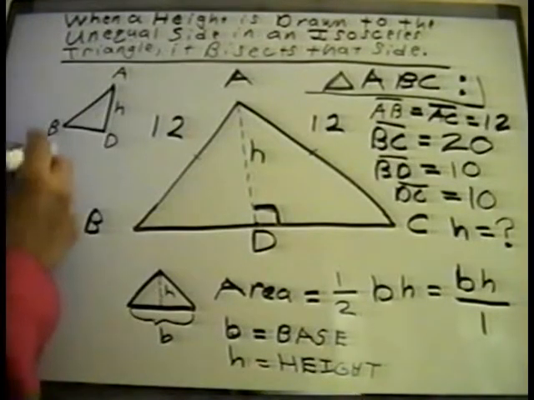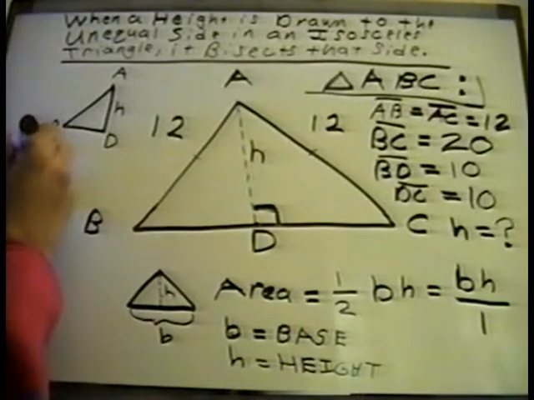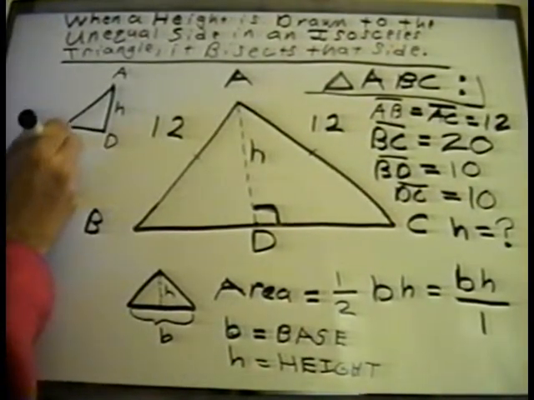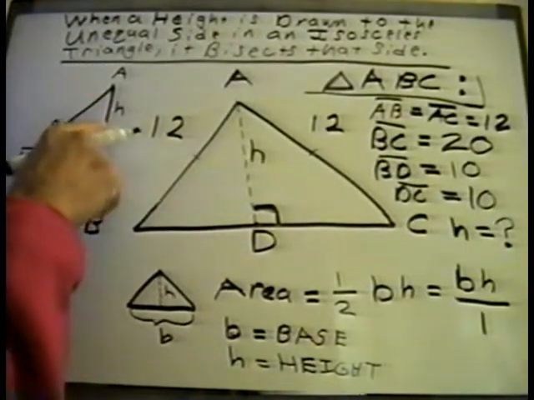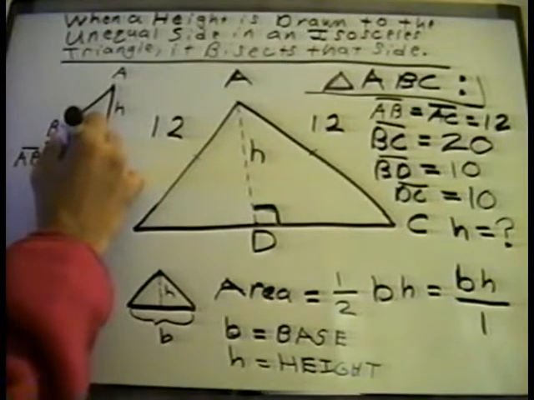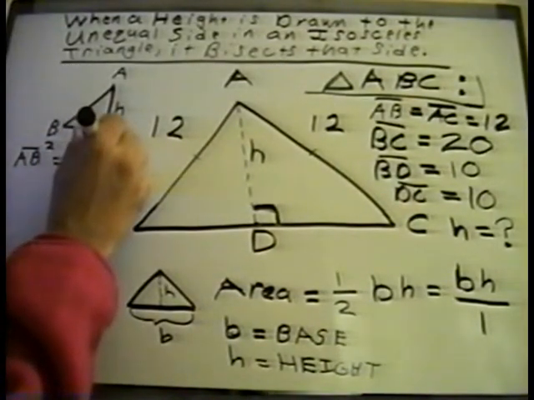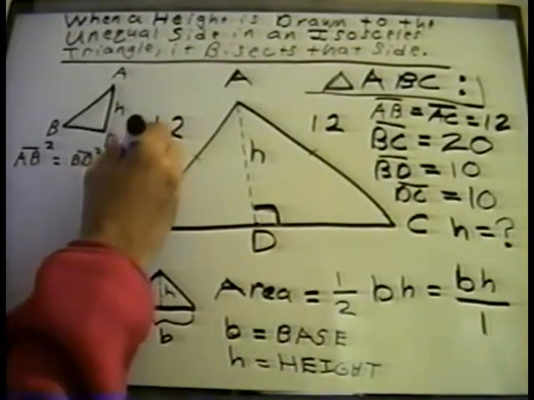BA, or AB, is the hypotenuse here. We say AB squared is equal to the square of BD and the square of AD.